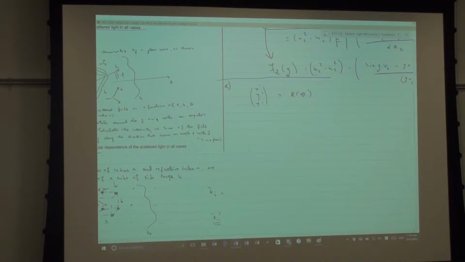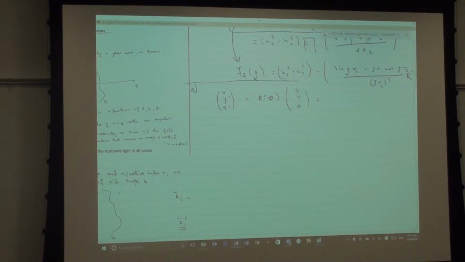Times the old ones. And this rotation matrix is basically cosine, 0, minus sine; 0, 1, 0; sine, 0, cosine. Is this true?